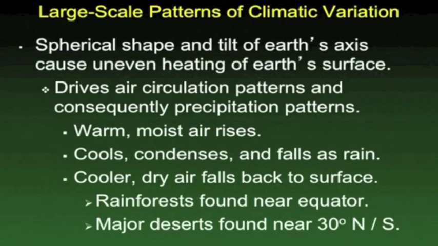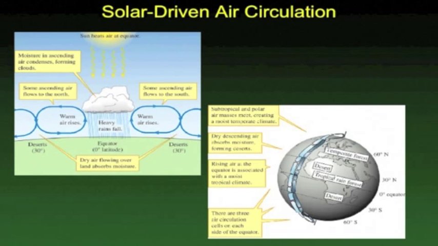And this comes from the tilt of the Earth, and that produces the seasons, as is explained in the diagram in your book, and also the spherical shape of the Earth that causes air circulation north and south of the equator, and causes the patterns of rain and dry that we see across different parts of the Earth. And if we consider the diagrams that are provided in your book, this really explains how this works.